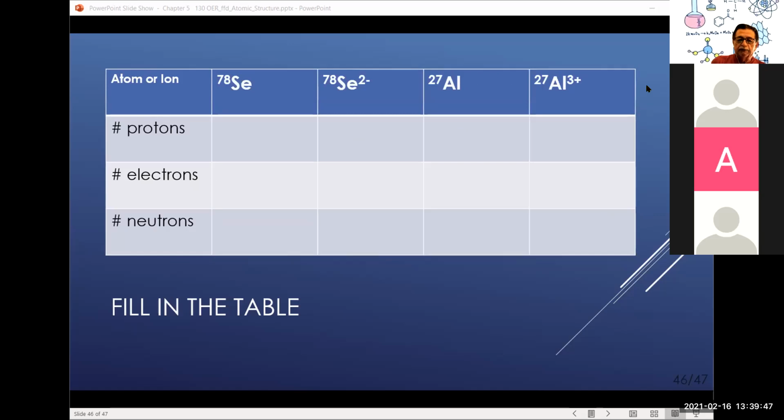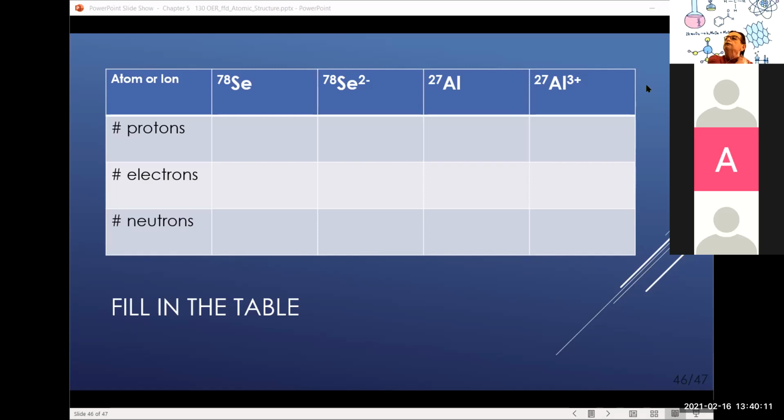Now, with respect to this kind of table where we're given two elements, selenium and aluminum, and then they're giving us a specific isotope. In this case, it's selenium 78, which is element number 34. If you think about it, you've got to find where it's at in the periodic table, Se, which is number 34.